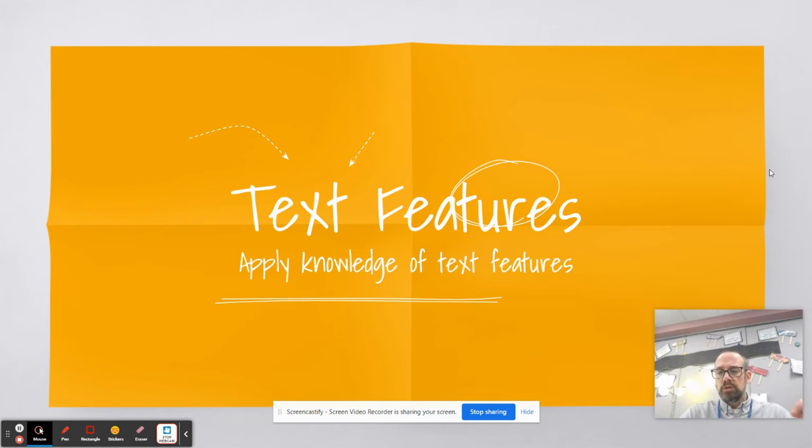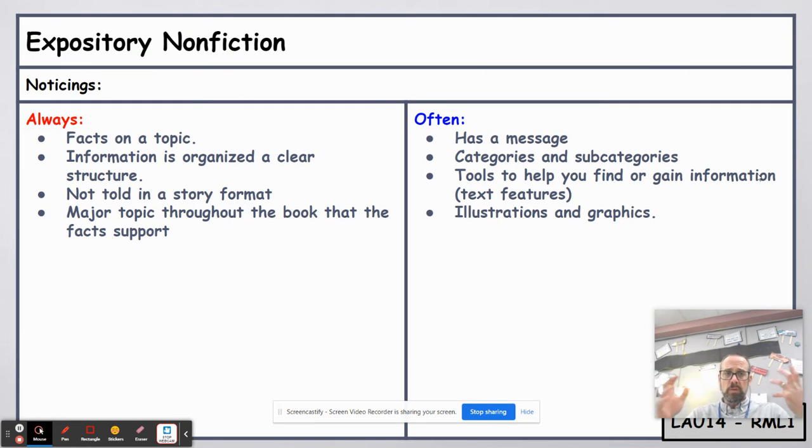But before I get too much into that, I want to talk a little bit about different kinds of nonfiction text. When I ask what kind of text you are reading, especially at the small group table, you turn it over and tell me it's expository nonfiction or narrative nonfiction. I just want to do a little bit of a definitional thing.